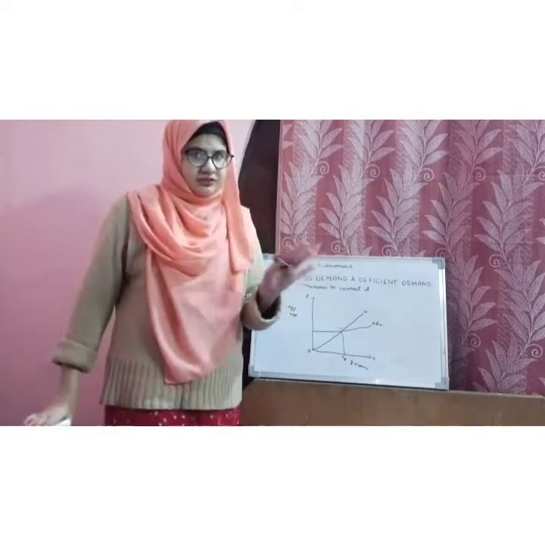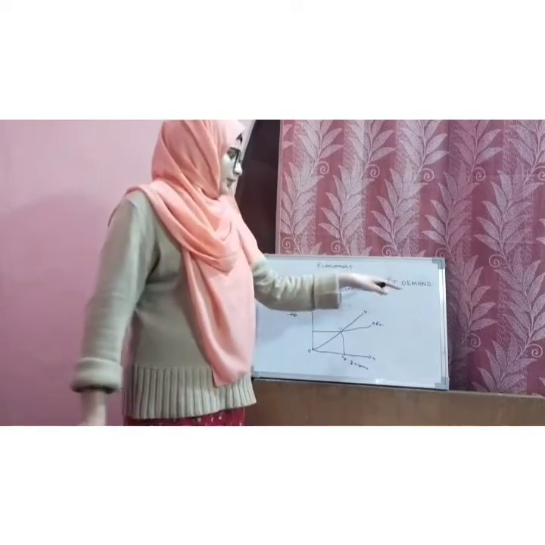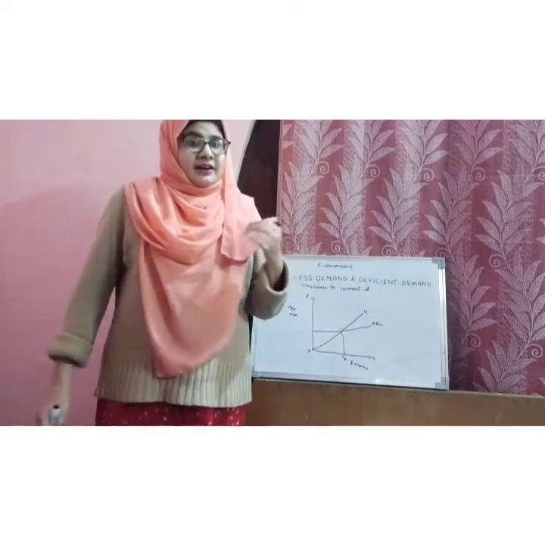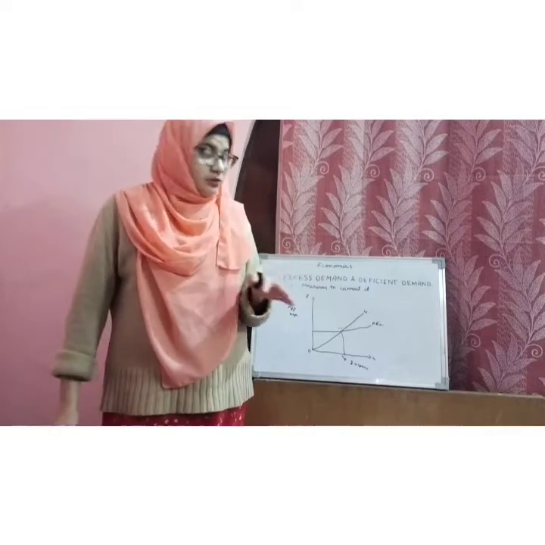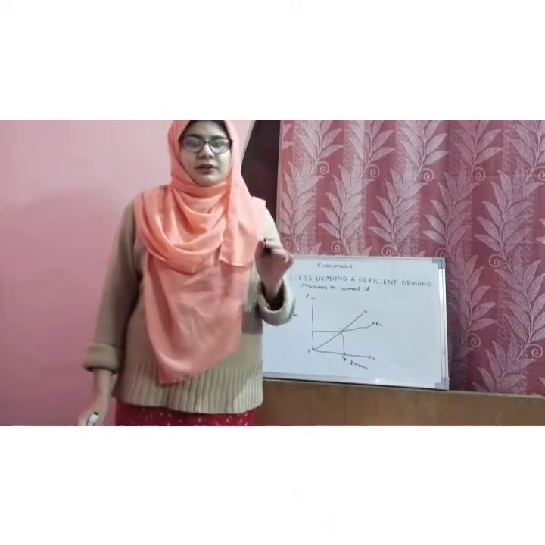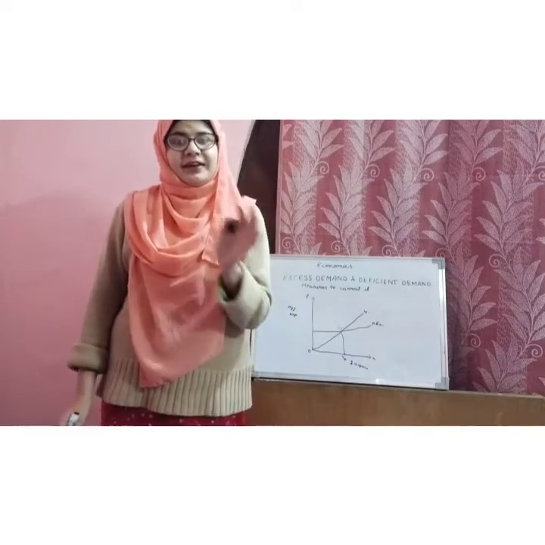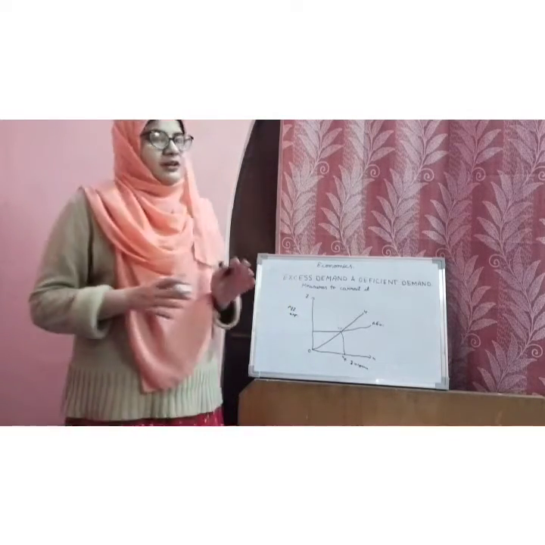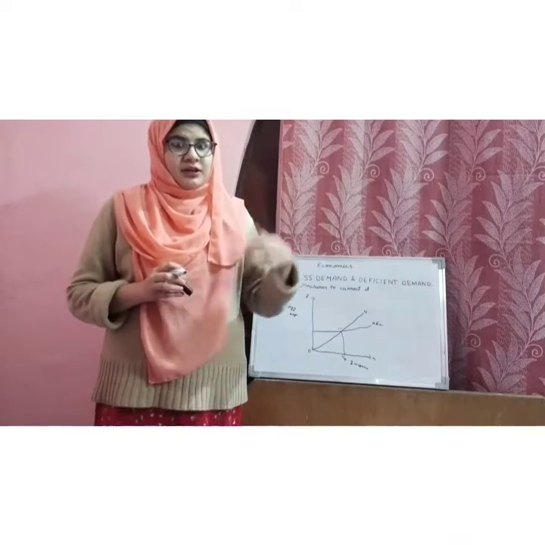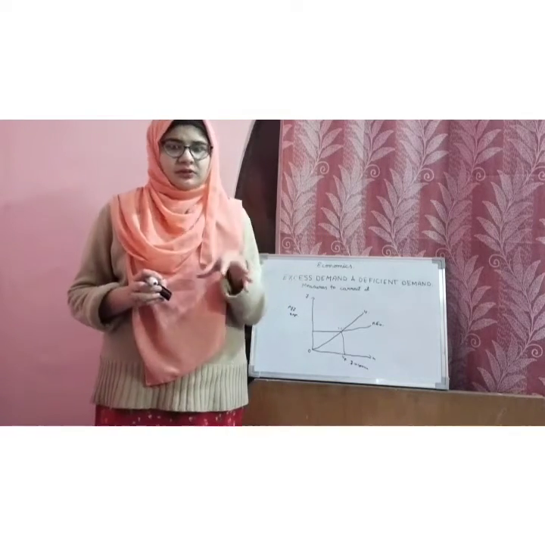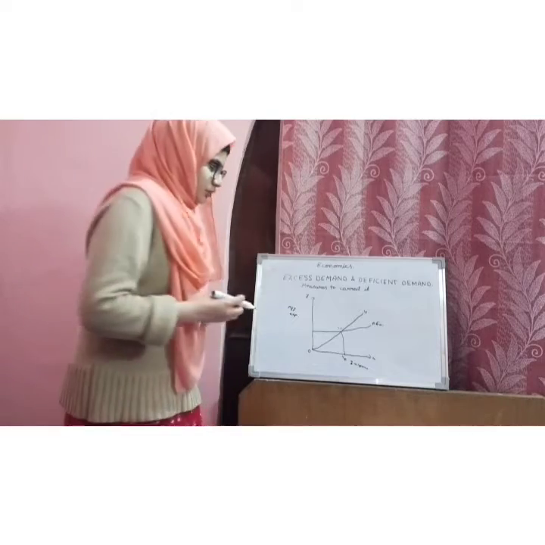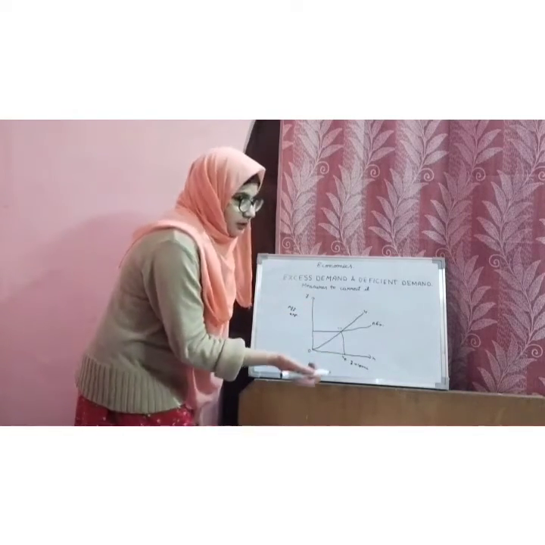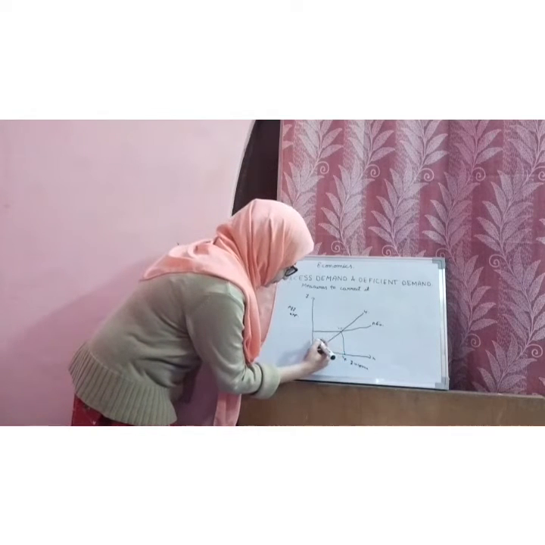Now we are considering the case of deficient demand. Aggregate expenditure is going to reduce, and when aggregate expenditure reduces due to a decrease in government expenditure, there will be a decrease in demand, and consumers will reduce their consumption expenditure, and the expenditure will come downwards to AE1.